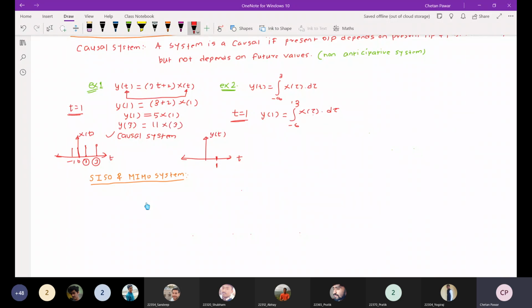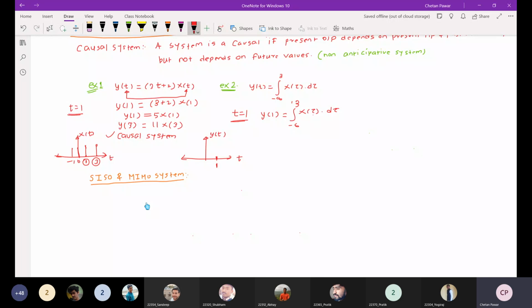So here also the output value at time instant 3 depends on the input value at time instant 3 only, the present time instant. And what are the previous time instants for this particular time instant? 1, 0 and -1. So have you understood? Yes, sir.